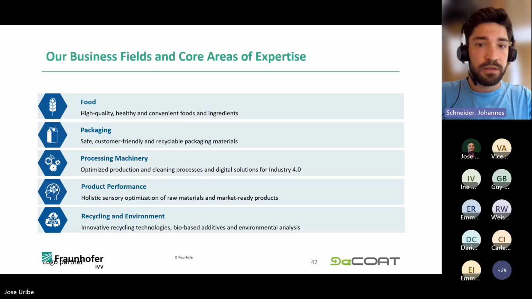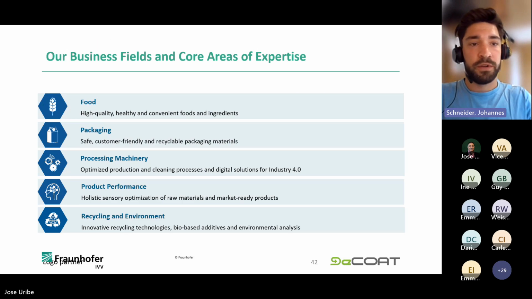At the next slide, we see our different business fields that we are working on. So coming from an origin as an institute for food research, our research started in the 1940s in the business field food. And we are still conducting research in that topic, for example, on plant-based substitutes for meat or dairy products. And then coming from this food research, also other research topics were derived.